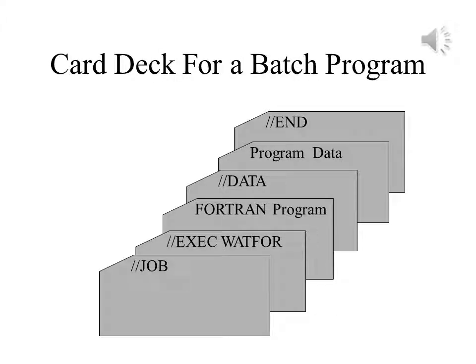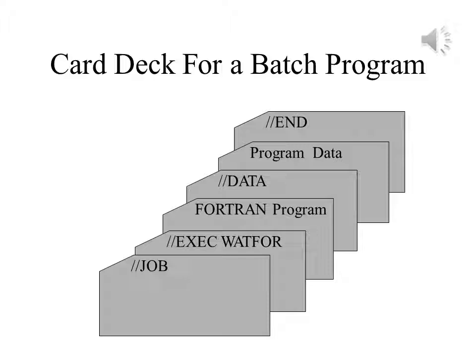What you see here is a series of computer cards that might represent a student program running in the 1960s or 1970s on a batch system. The cards beginning with // are control cards, and the control card interpreter will process them. The first card identifies the beginning of a job.